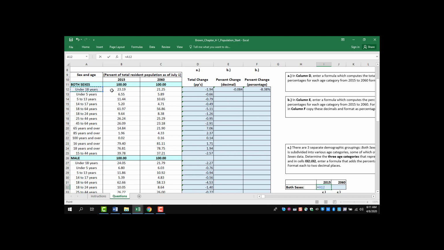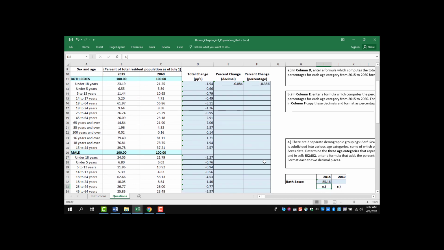I don't want that, I want under 18 here, plus 18 to 64, plus, and I'll let you figure that one out. Then you'll do the same thing for, that should be 100. I left out a category. I can't do everything for you.